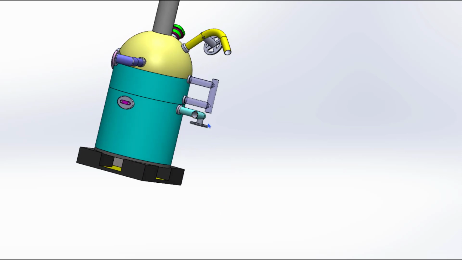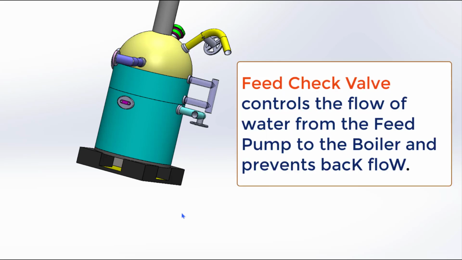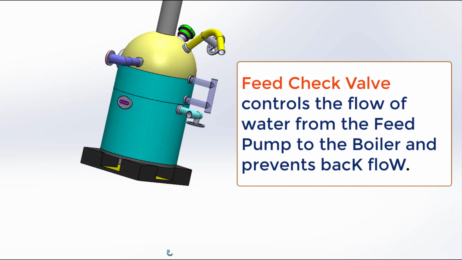I have shown this type of valve, but this is a different type of valve, and this is called a feed check valve, and it is a non-return, one-way valve only. That means water can enter into the boiler, but the water cannot flow from the boiler to outside. That is the function of this feed check valve.